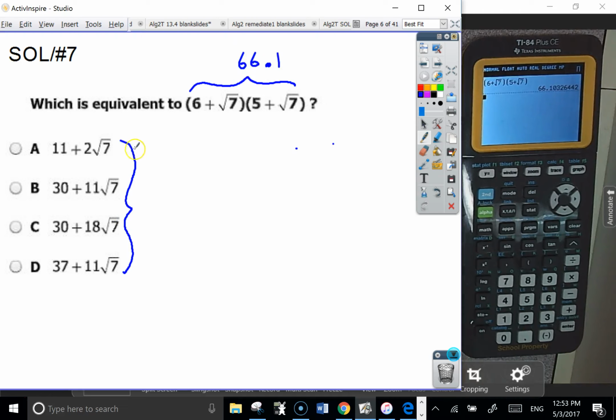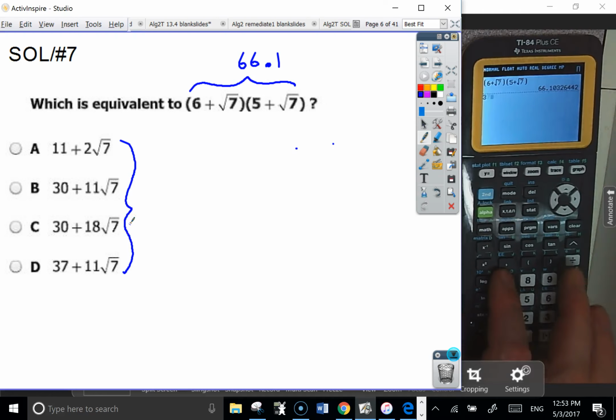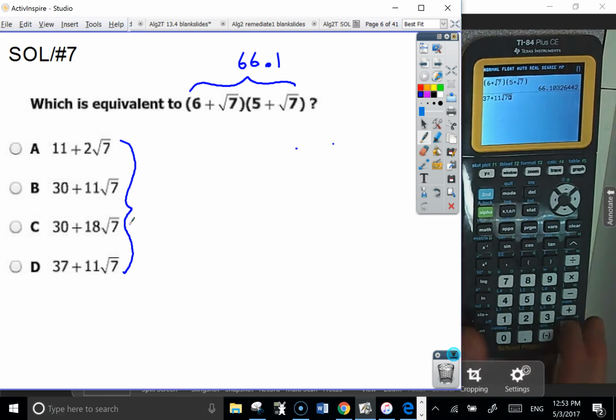So you could go through all 4 of those. I'm not going to do that because it just takes too much time. But I'm going to do the one that we said was the right answer and show 37 plus 11 square roots of 7 is 66.1. So the answer is that.